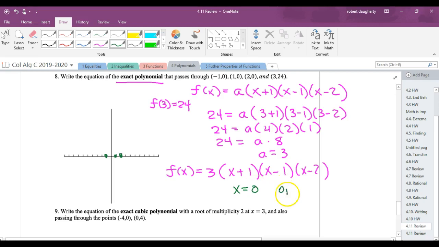So (0, 6) is going to be the y-intercept. And since this is a 3rd degree polynomial with a positive coefficient, this graph is going to start down here, go up, down, and up. Something like that.